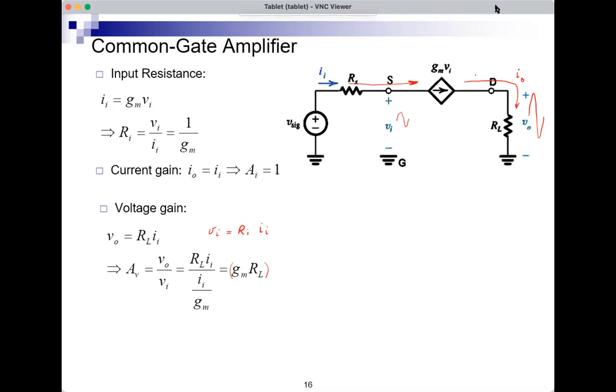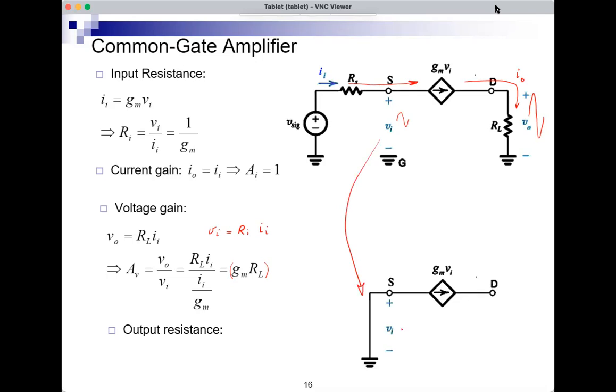And now let's see what is the output resistance. Output resistance, I'll simply use the definition, set the input to 0. So Vi here becomes 0. So it's like saying short the input and connect a test source, V test, and find I test, and take the ratio.